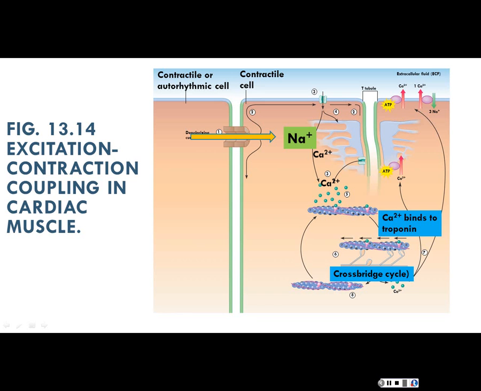So calcium's available, ATP is available, etc. And then right, at some point the muscle is going to get ready to relax. And so calcium goes back to the SR, and calcium goes back to the extracellular fluid, and the muscle can relax until the next excitation comes through. That's the excitation-contraction coupling in cardiac muscle.